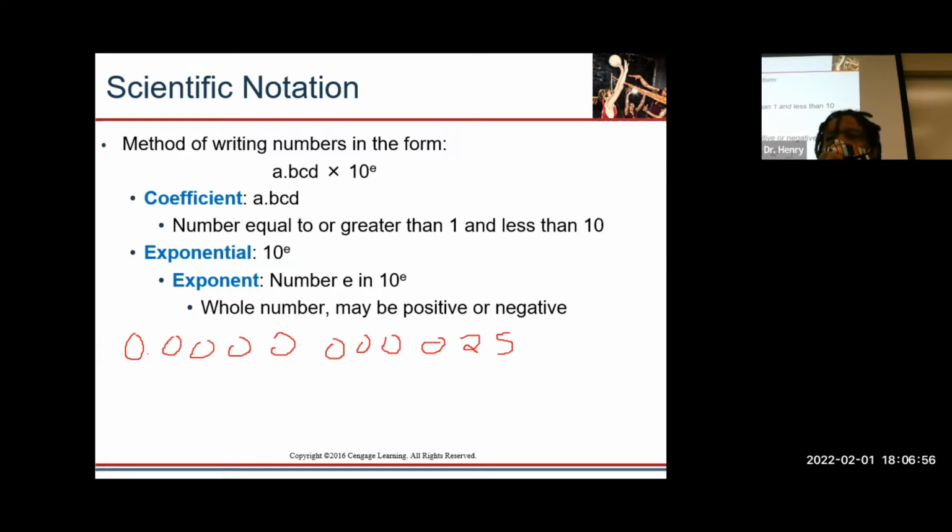Okay. Now the way that we would change this into scientific notation is we start at that decimal, and move the decimal back 1, 2, 3, 4, 5, 6, 7, 8, 9 spaces, so that we have that first non-zero digit before the decimal.